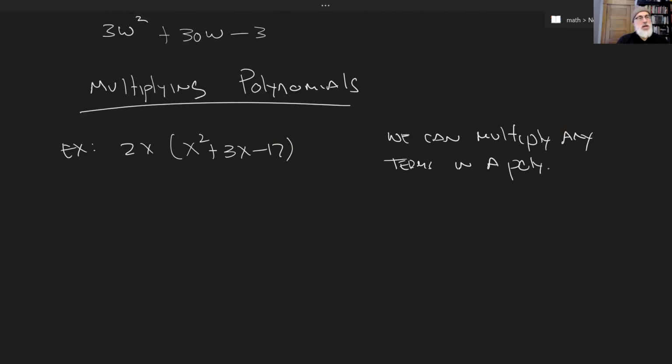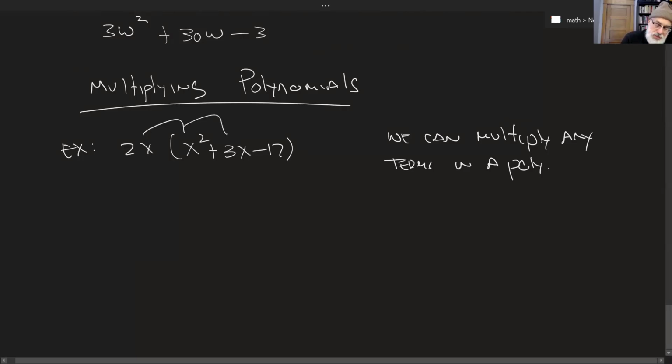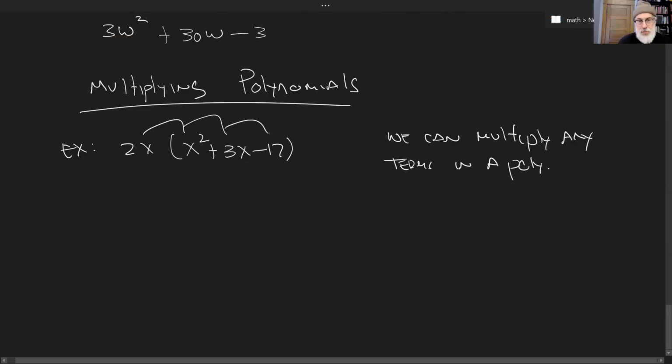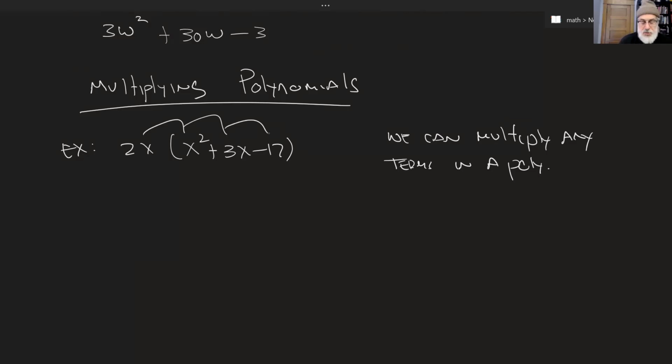We can multiply 2x by x squared, even though they're different powers. So what we're going to do is distribute the 2x throughout the polynomial x squared plus 3x minus 17. We talked a little bit in a previous lecture about the distribution property. It's in the properties of real numbers. You should review that if this is not a familiar thing to you.